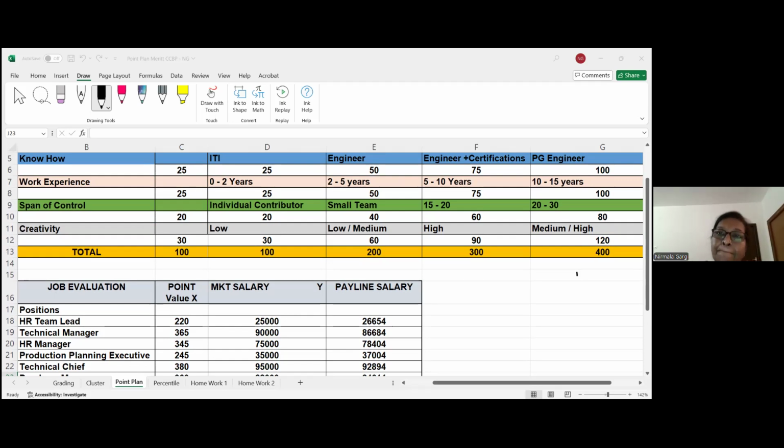My question is, can a company that caters to multiple industries have different weightages based on the industry that they are catering to? Absolutely. I told you right in the beginning that if your organization is very diverse and complex, then you need to break it up.